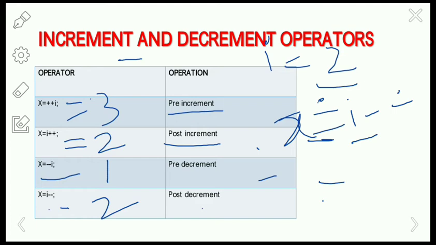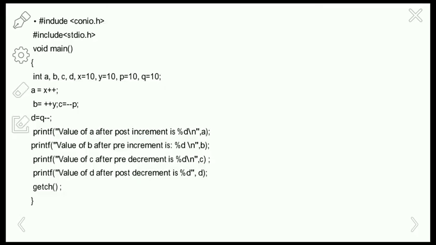Okay. So here let us see it with a sample program in C. First of all we include the header files, that is stdio.h and conio.h. Here the stdio.h header file is included for input and output. Then we define the variables a, b, c, d, and assign x equals 10, y equals 10, p equals 10 and q equals 10.